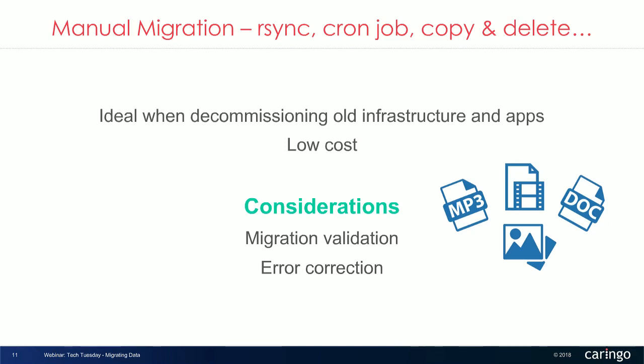These utilities are usually free, hence the low cost, and some things you need to take into consideration are validation upon migration, making sure that the data, once it's migrated into the object store, maintained its integrity during that operation, and any associated error correction that might be involved with those operations.